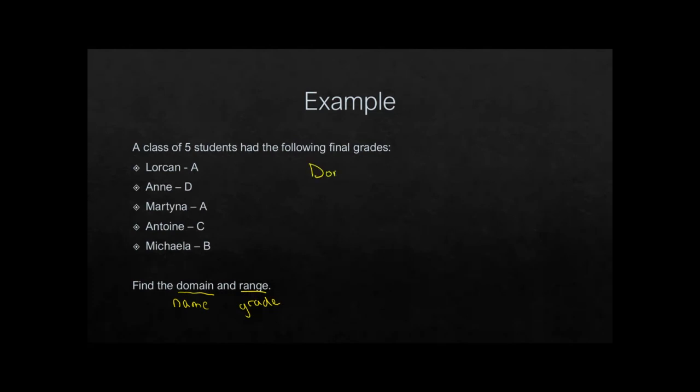Because we don't have a graph or an equation, we just have a list of things, this is where we use roster notation. You just list everything, and I'm not going to have enough room if I put that there. So I have to use a curly brace, and this is required if you're going to enter it into ALEKS. That curly brace is telling us we have a set, and all of our inputs are the names.